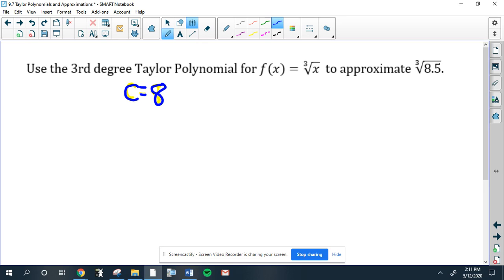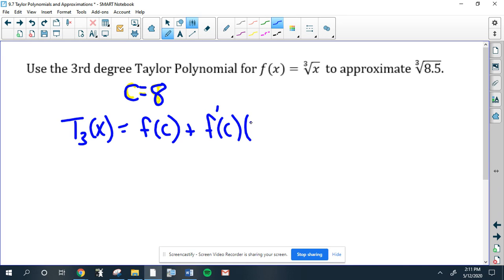Anyhow, the Taylor polynomial would be f of c plus first derivative over 1 times x minus c to the first, plus the second derivative over 2 factorial times x minus c to the second.